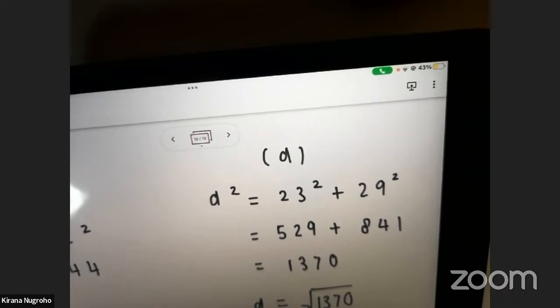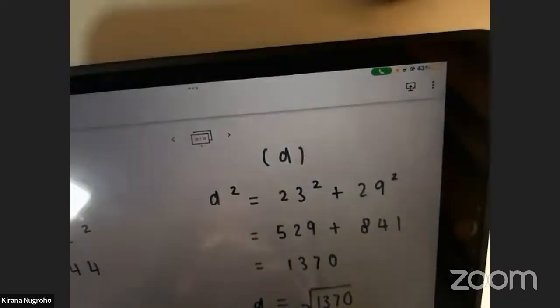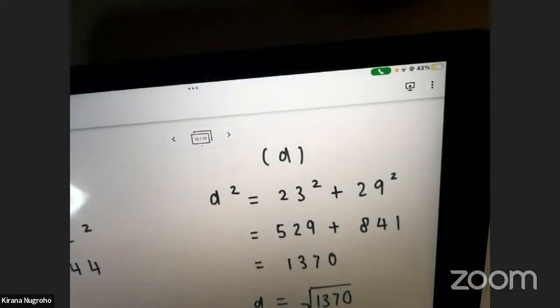Checking Arya, are you back? Yes, Kirana. For question D, right? Because the answer is actually decimal. But if I want to put as first decimal point, do I include the 0? 3SF, please. 3SF.